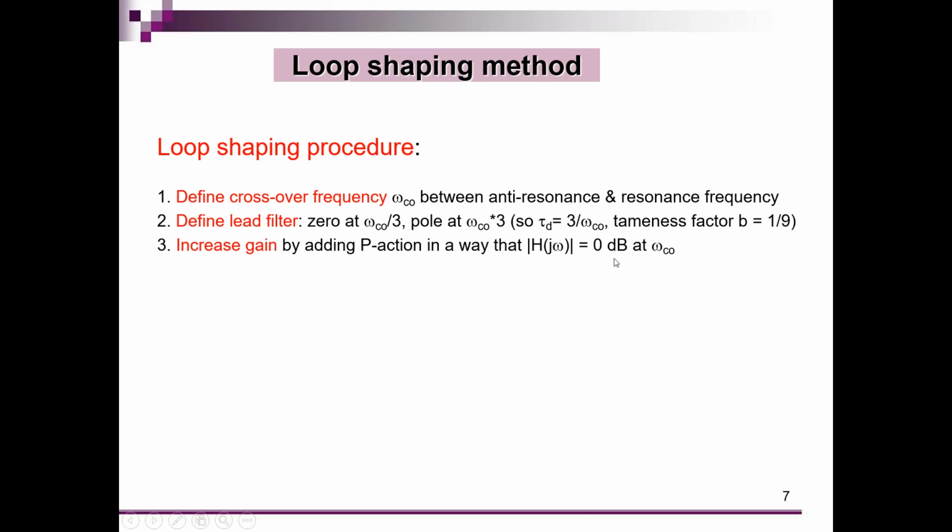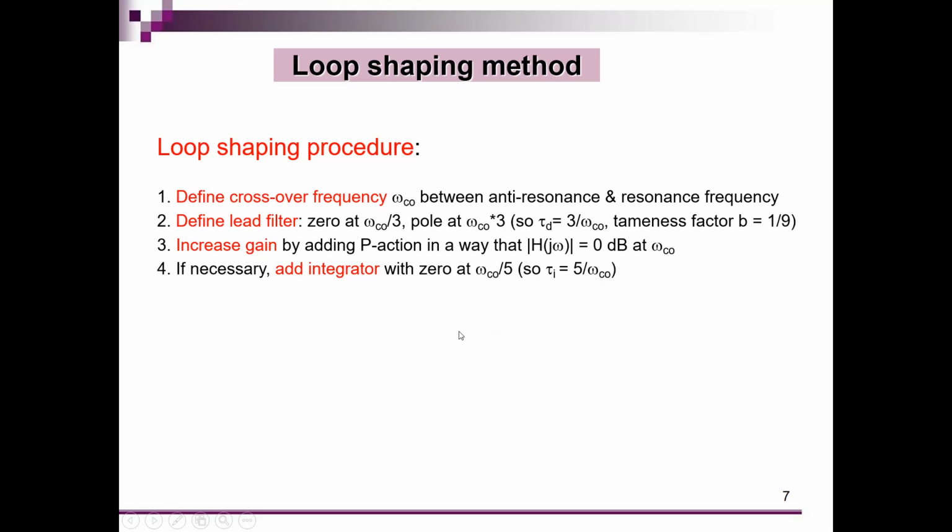But suppose you want to have an integrator in your system, because you have, for instance, reasons to have a really zero steady state error, so an error which is really going to 0. Then you have to apply an integrator, and when you want to do that, define the zero of your integrator at omega crossover divided by 5. So tau I is equal to 5 over the crossover frequency omega CO.